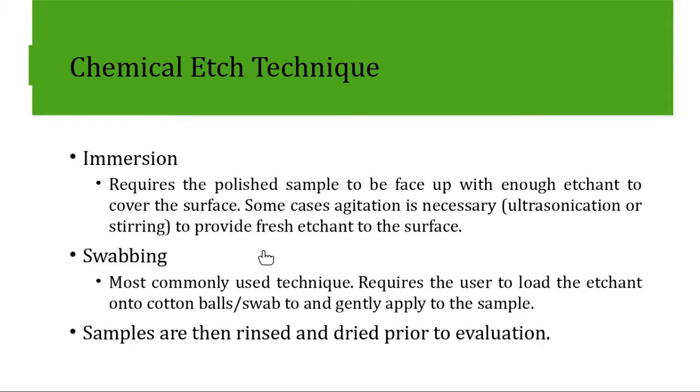Swabbing is by far the most commonly used technique. One of the reasons why is because it uses far less etchant and far less waste is generated using this process. What this technique typically does is it requires the user to load the etchant on a cotton ball or cotton swab.